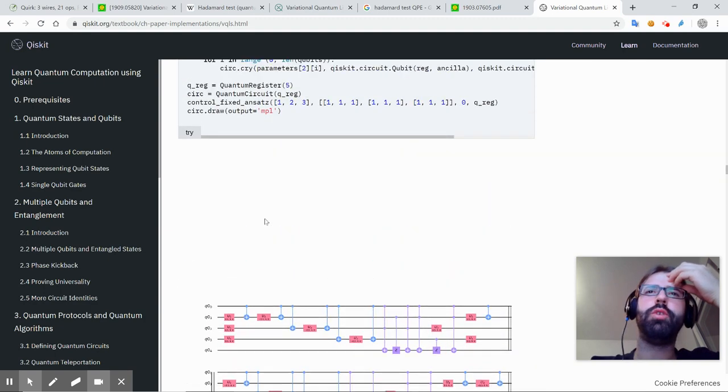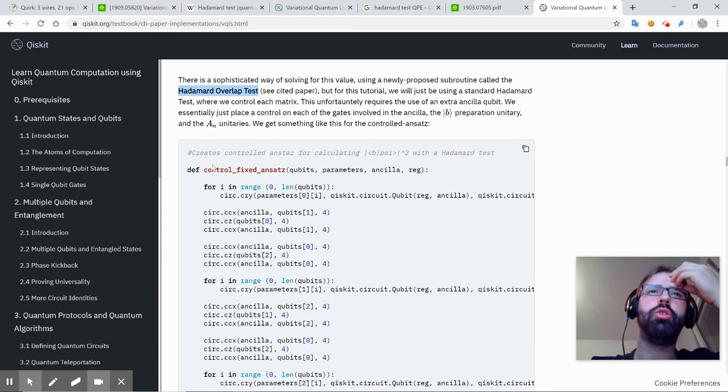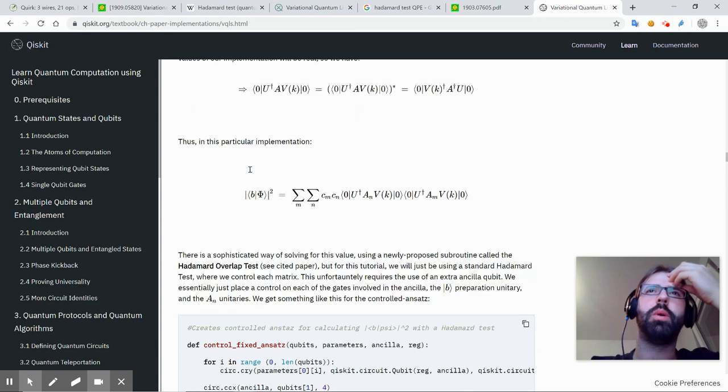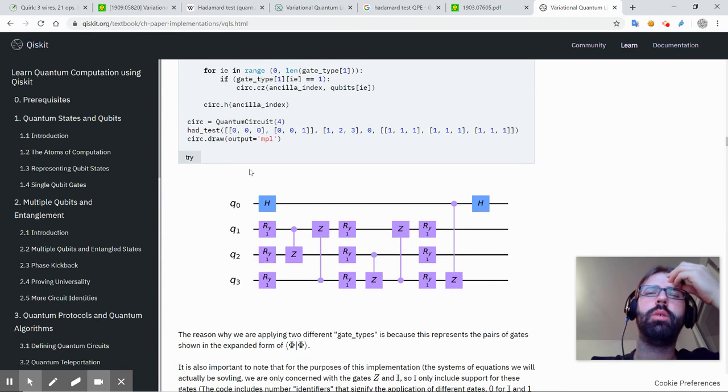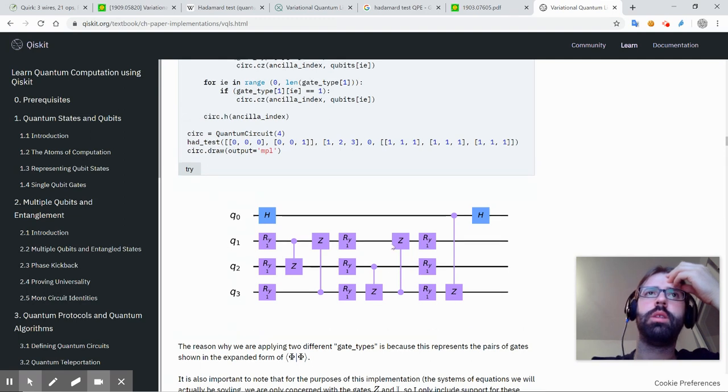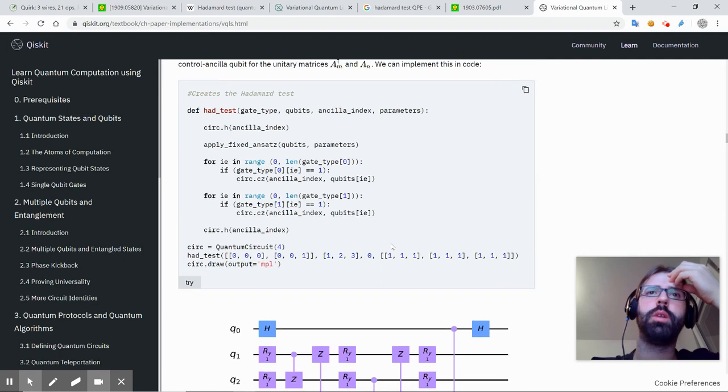It's just confusing. You're creating a controlled fixed ansatz, but why? What the hell is this? Hadamard test.